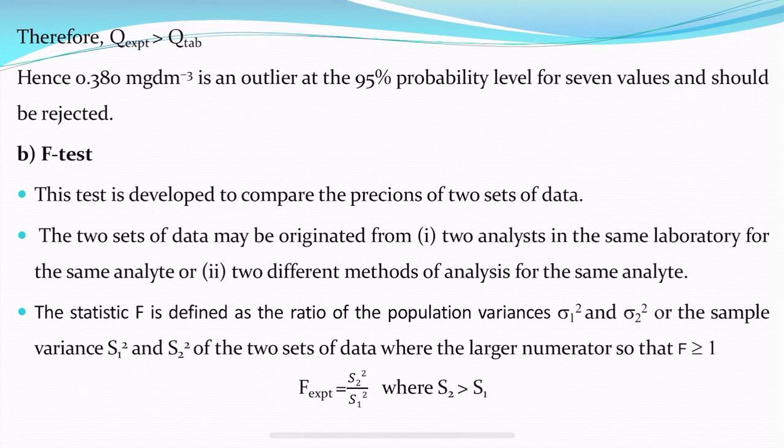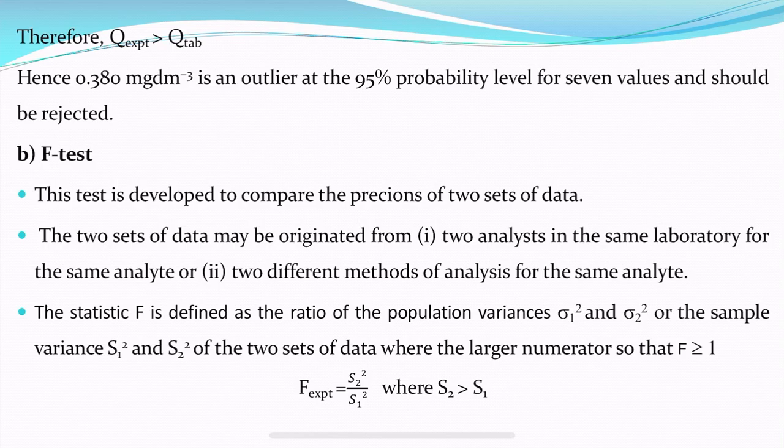Here we consider the sample variance or population variance: we find the standard deviation value and then compare the variances to perform the F test.